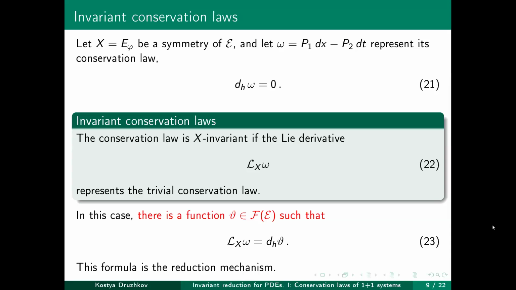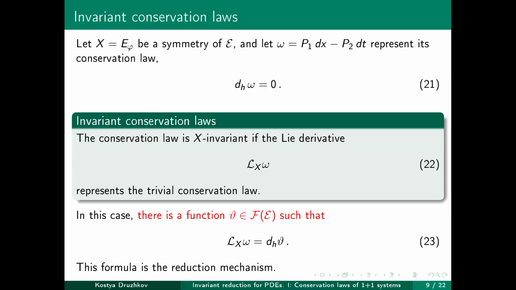So formula 23 is the main formula of my talk, and I would say that it's very simple, and you can see that it works for any differential equations, integrable, non-integrable, for symmetries, local symmetries, higher symmetries, contact symmetries, point symmetries, and for a lot of various invariant geometric structures as well, not only for conservation laws.